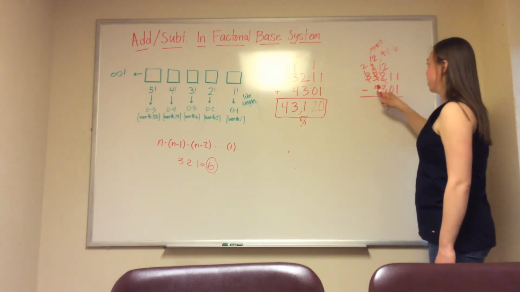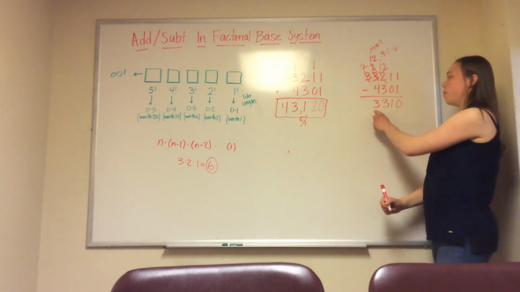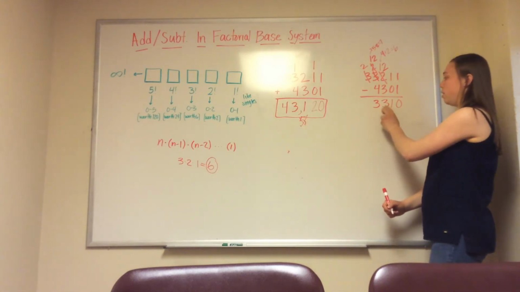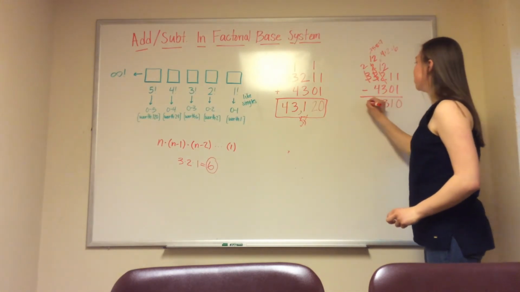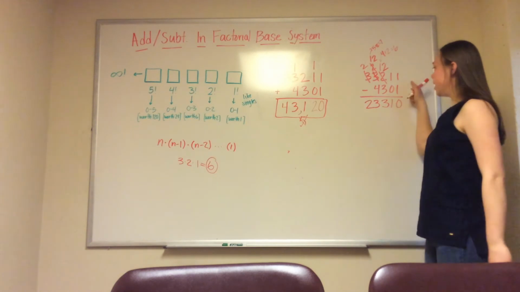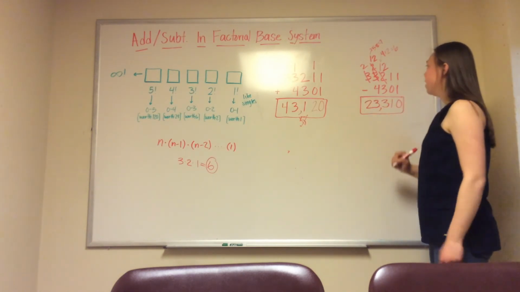So then we have 7 minus 4, and that gives us 3. Again, we're checking that both of these will work in 3 factorial and 4 factorial. Now we have 2 minus 0, which gives us 2. So our answer is going to be 23,310.